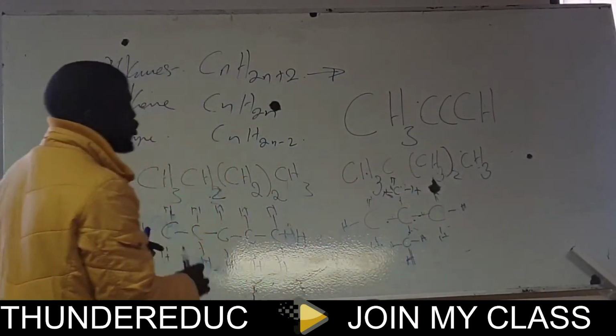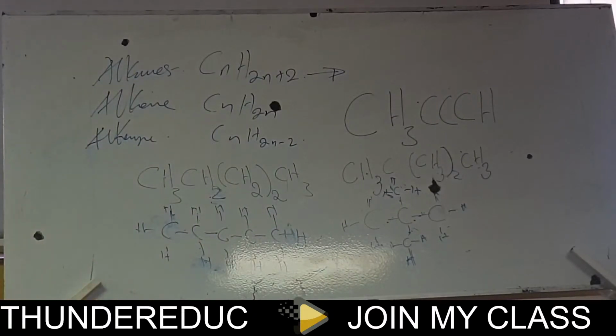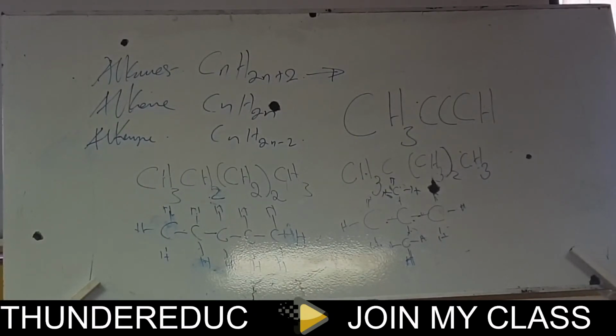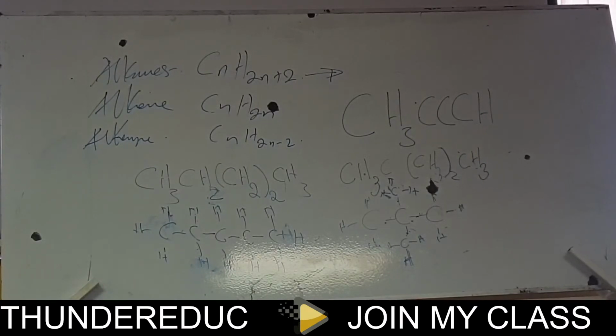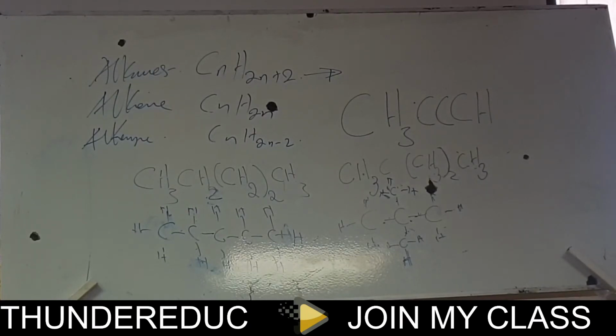So the number of hydrogens is a very important factor to determine the kind of structure you're going to write. That's why we say that if you write a structure and it does not have the maximum number of hydrogens, then that structure is not correct. Is it clear? Let's continue.